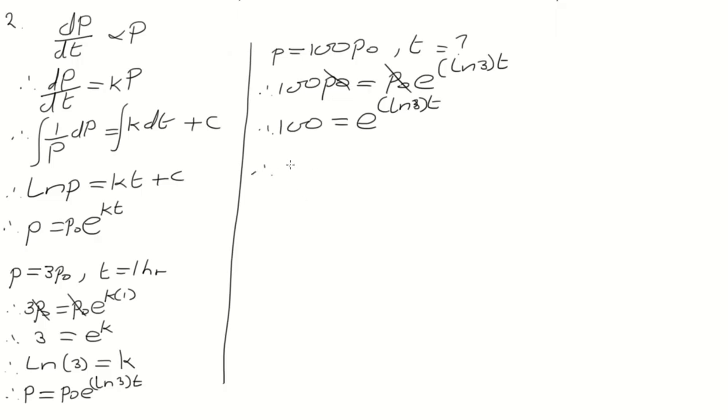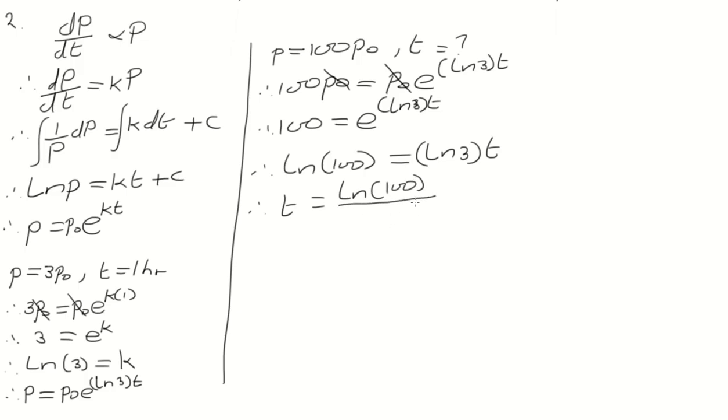Of course we have to use a ln here, so I have ln 100 is equal to ln 3 times t, which means t is equal to ln 100 all over ln 3. So what is ln 100 over ln 3?